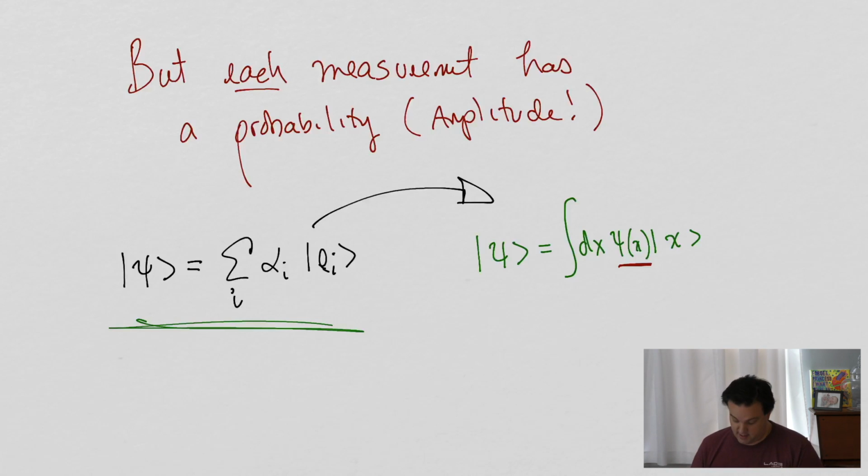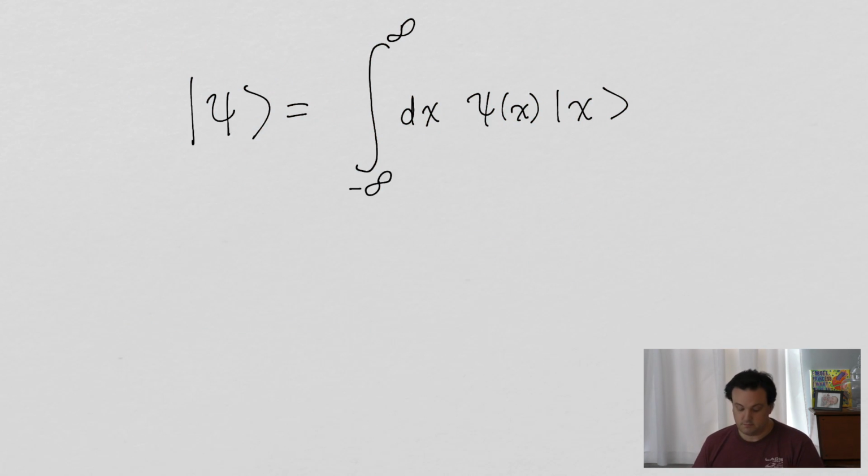And so what I end up with is this very fun decomposition of my state onto the structure here, which is a description of the probability amplitudes for every point on the x line.